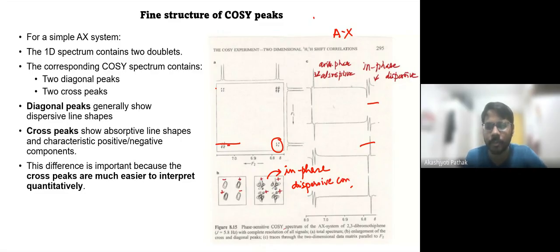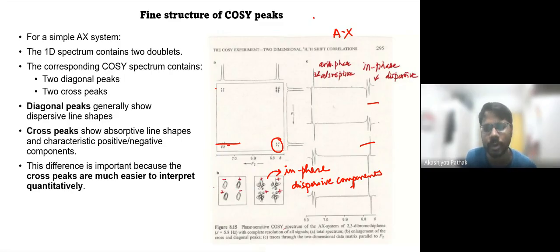In-phase dispersive components. And your cross peaks will have both, they are all absorptive components, and it will have both antiphase and in-phase, right? Antiphase absorptive components and in-phase absorptive components.